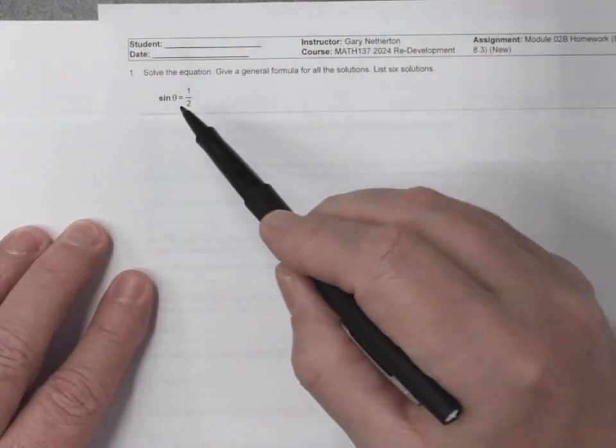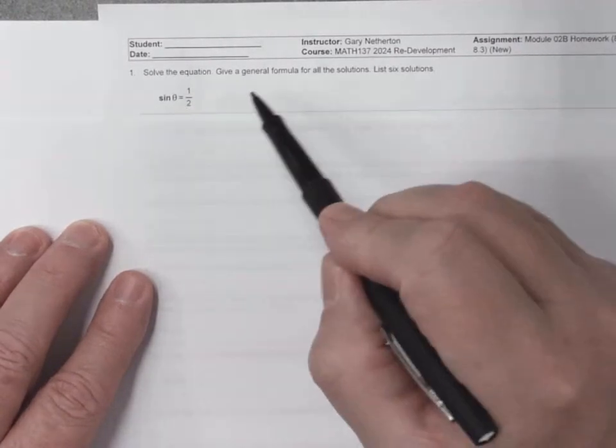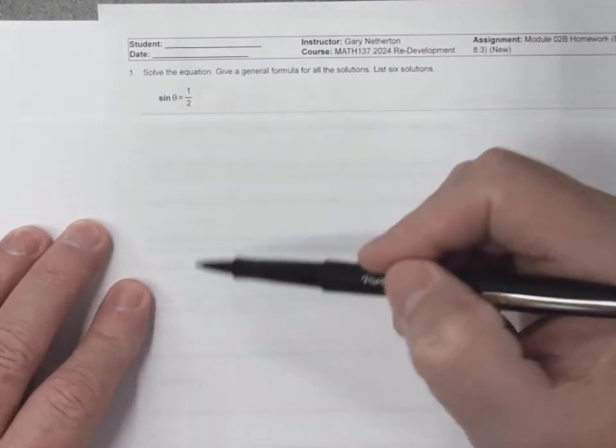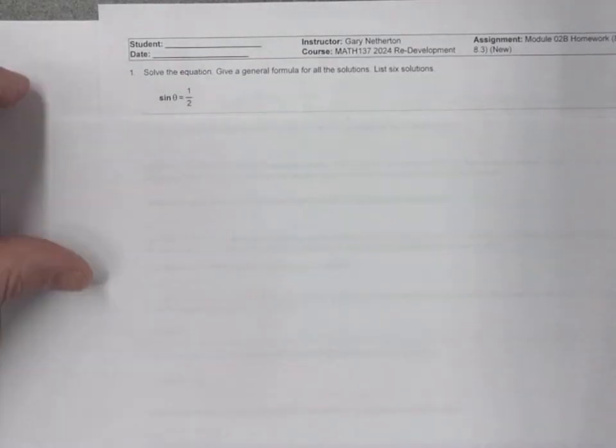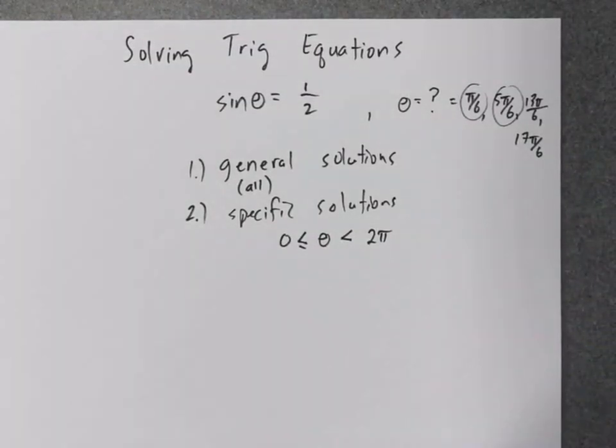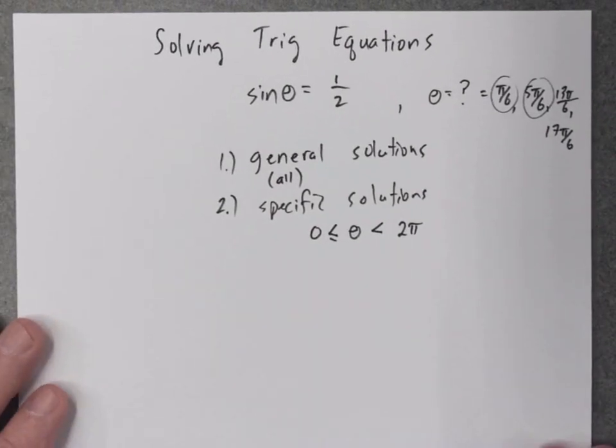So let me give you the general solutions, or what they call the general formula, and then we will look at this problem to see in what form they want you to put the answers. So let's explain general solutions first, and then we can look at how they want you to type in the answers.